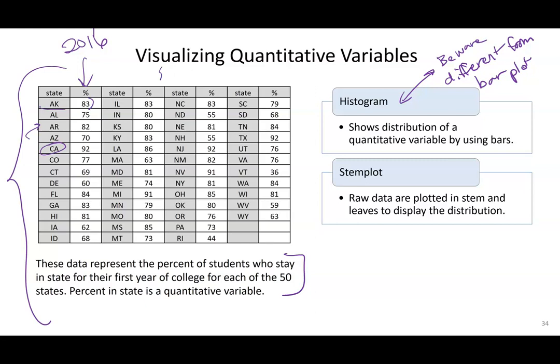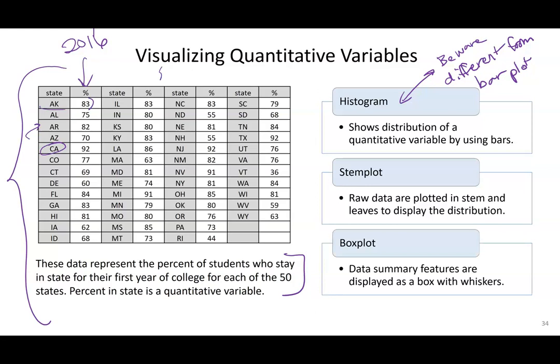This might be a throwback to a math class in high school. Box plots, and data summary features are displayed as a box. We have a tendency to make very, very oversimple names sometimes. Box plots, pie charts, bar charts, that kind of idea. We also have dot plots. They're made of dots.